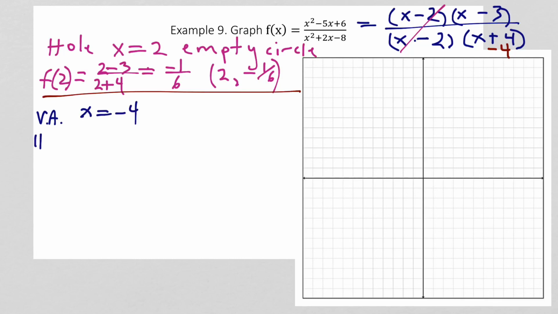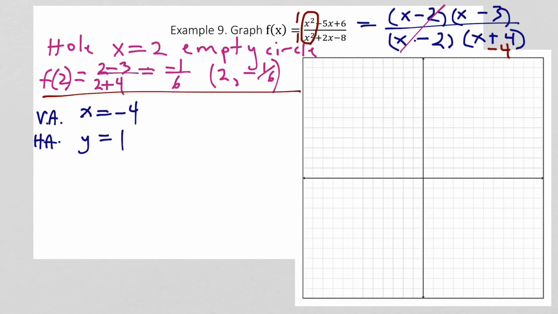And let's do the horizontal asymptote for y equals. So you can see that your leading terms, since we're already distributed out, it's pretty clear to see. So it's the ratio of the coefficients of your highest power terms. So this would be y is equal to 1.